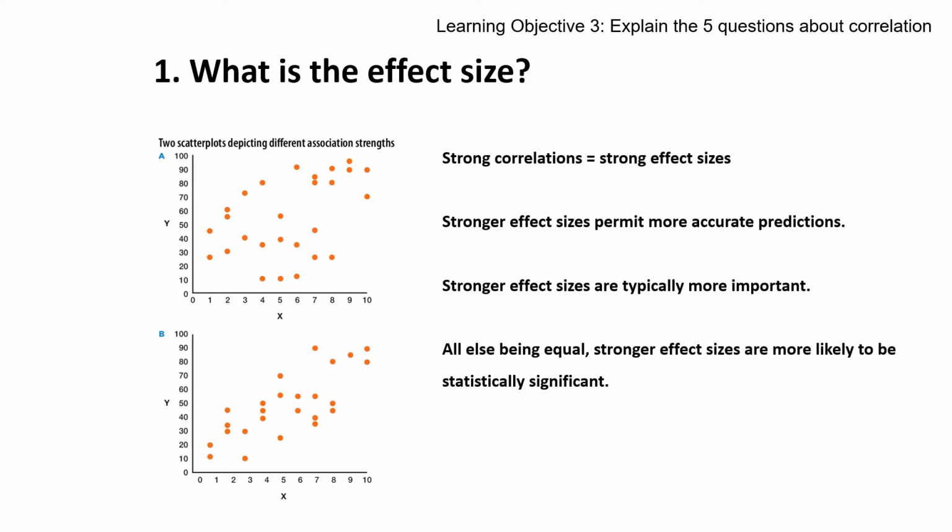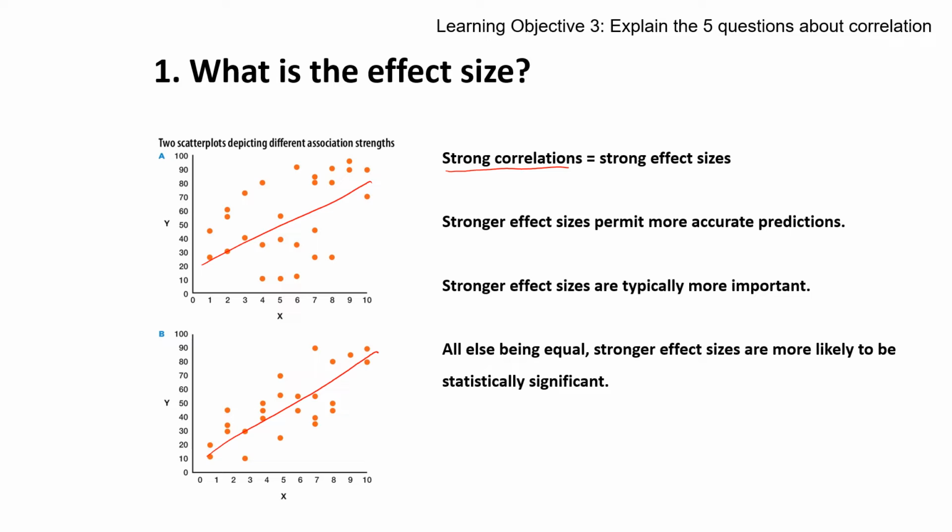One of the other things we've talked about in here a little bit is effect size. So let's actually explain the 5 questions about correlations when it comes to effect size. Let's start by looking at when we talk about something like a strong correlation. Well, the stronger the correlation, the stronger the effect size. Meaning, if your relationship has a higher correlation, let's say we did a line of best fit here.